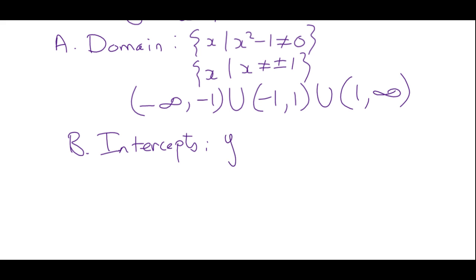So y-intercept, set x equal to 0, gives us 0, 0, right? Which means we also now have the x-intercept. Okay? There are no other x-intercepts, right? So if you're doing a polynomial function, then finding intercepts, you've got methods from last semester that you can use to find those, right, or last year.